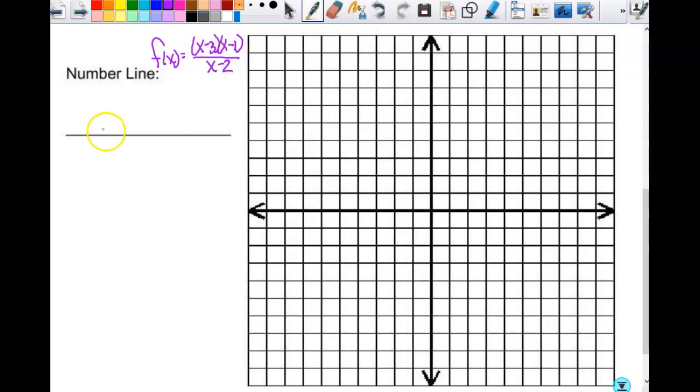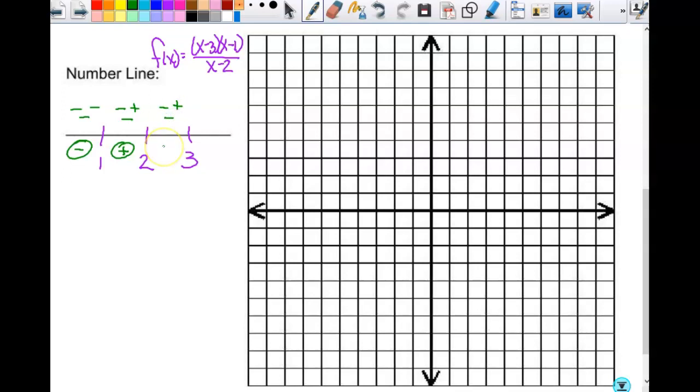So on here, I'm going to put 1, 2, and 3. So when I substitute in 0, I get negative, negative, negative, which makes it negative. I substitute in 1.5, I get negative, positive, negative, which makes it positive. 2.5 is going to give me negative, positive, negative.